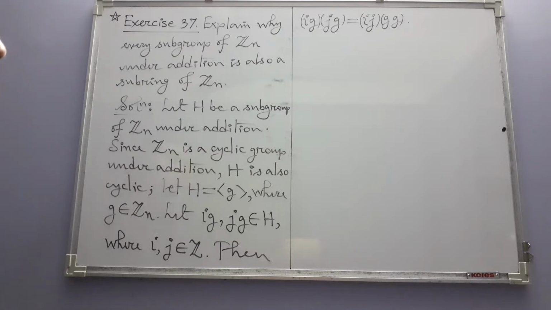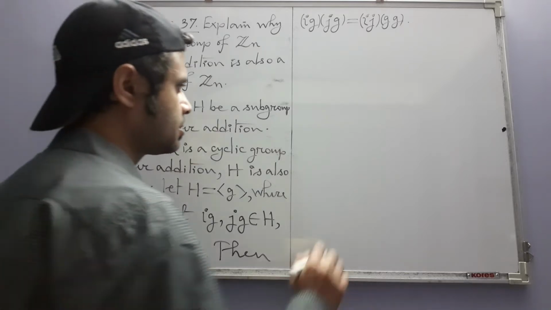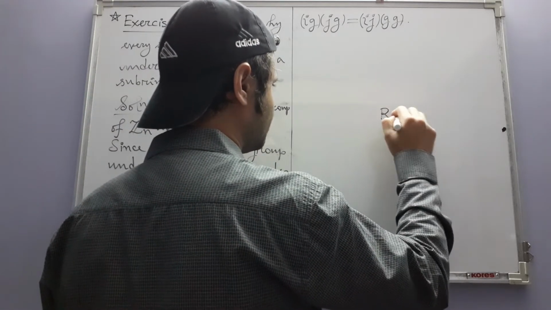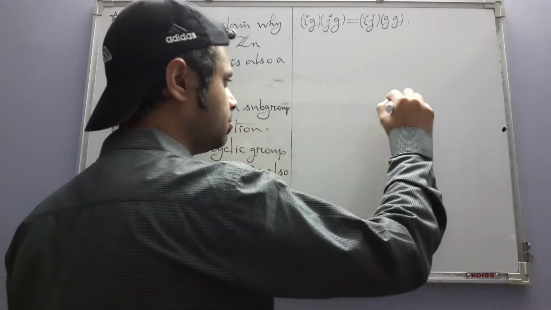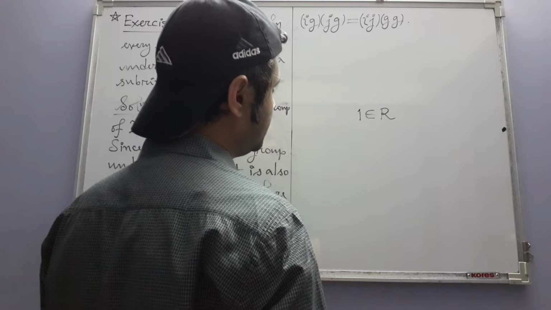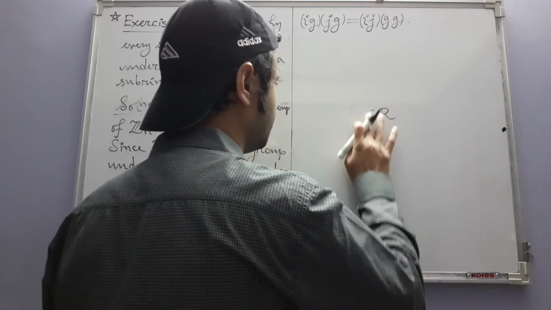Now this is a result which in general is true in any ring, and we need this result here, which I am not going to prove. The result is just simply this. Say you have a ring R with unity. Oh, do we need unity? No, there is no need for any unity.